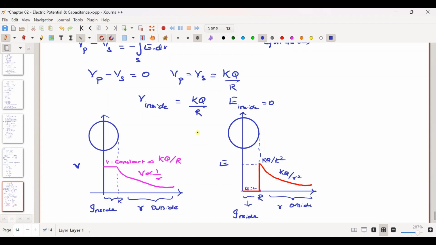Inside E was 0. Here V is constant inside until the surface. This is the value inside plus surface. This is KQ by small r outside. You need to be very clear about these two things. Any doubt?